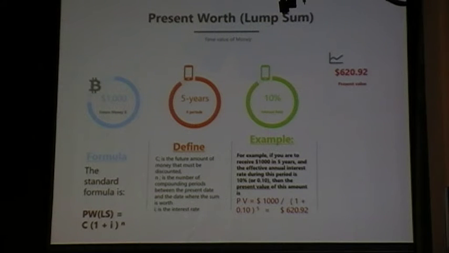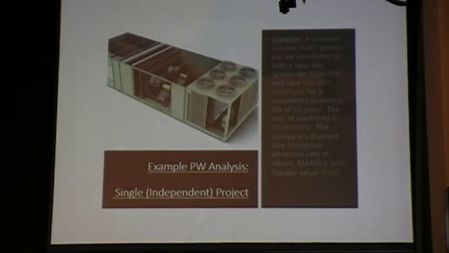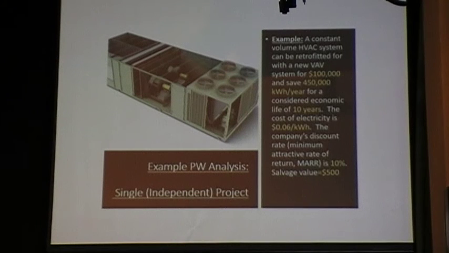Or what present value can you take today? So you do the math, really easy, and it comes out to $620. Makes sense. Yeah, if you take $620 today, put it in the bank at 10% interest, in 5 years it's worth $1,000. Very simple, very easy. Present worth works. It's very simple. Here's a little more complicated example.